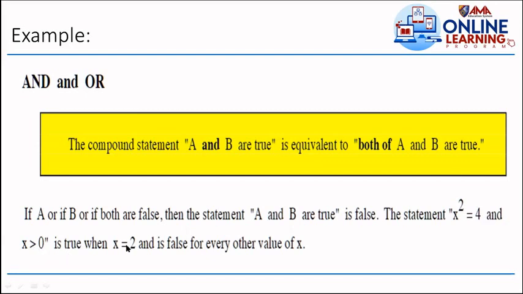But when x is equal to 2, which is also greater than 0, and we substitute it here, 2 squared is equal to 4, which means statement A is true, and at the same time statement B is true, since x is equal to 2, which is greater than 0. That is the meaning of the AND statement: statements A and B must both be true.